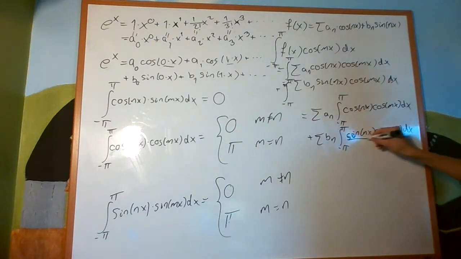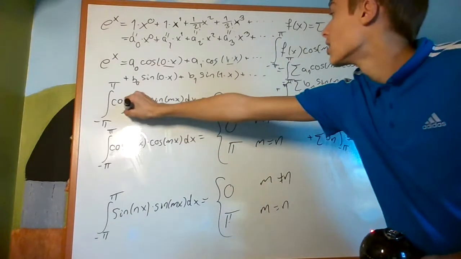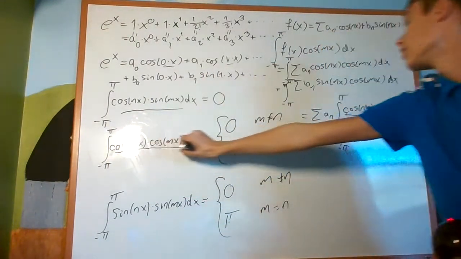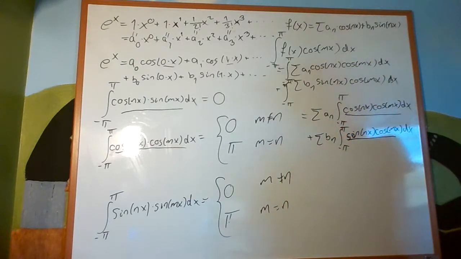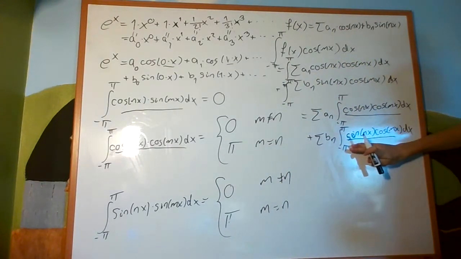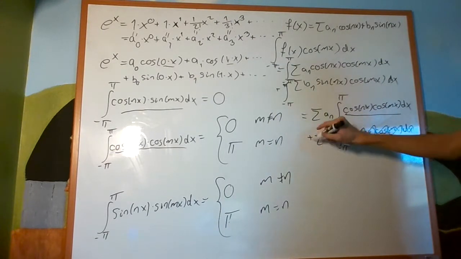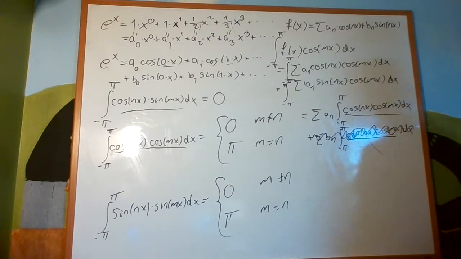Now, that right there is that one, except rearranged. That one right there is that one. So now, what is this value going to be? It's going to be 0 for all of them. That goes to 0, and this entire sum goes to 0.